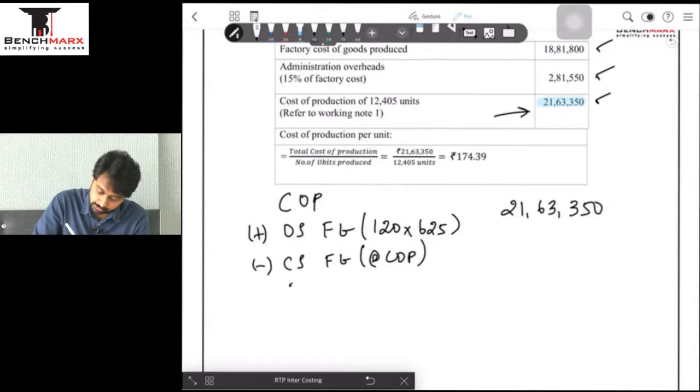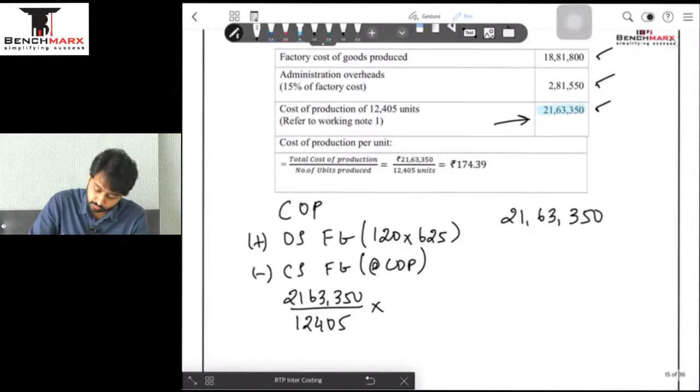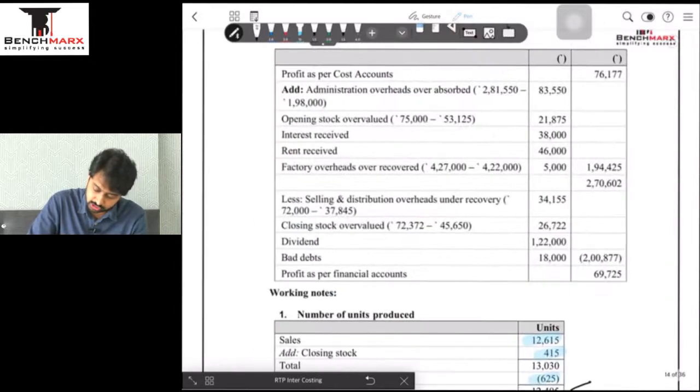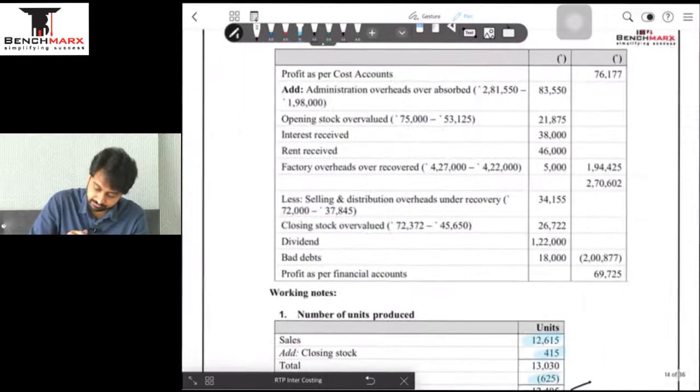So if 21,63,350 has been the cost of production to produce 12,405 goods, what is the cost for closing stock quantity? And the closing stock quantity appears to be 415.